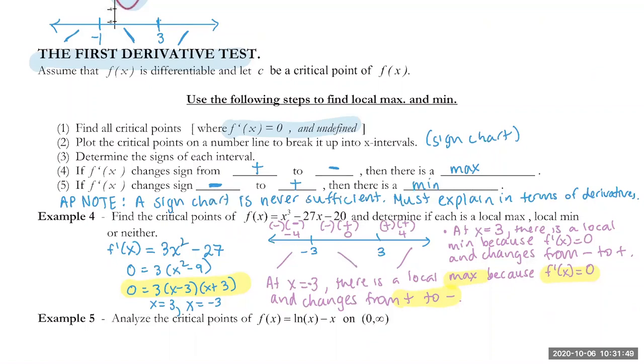One, for f prime of x, you want to describe it in terms of signs. It changes from positive to negative. F prime of x increasing and decreasing means you're talking about the derivative of f prime. So when you're describing the first derivative test, talk about the sign change from positive to negative, negative to positive.